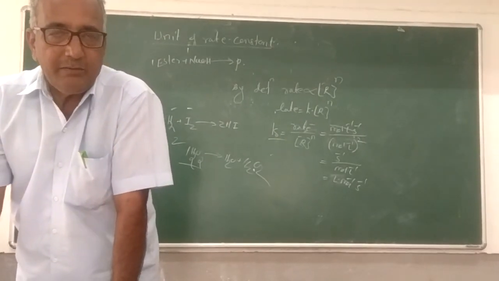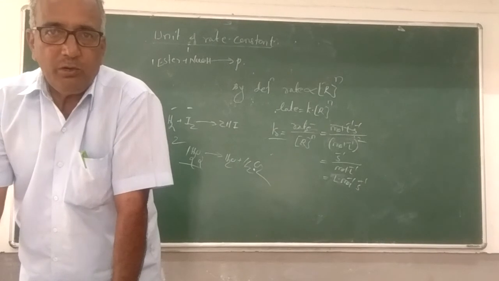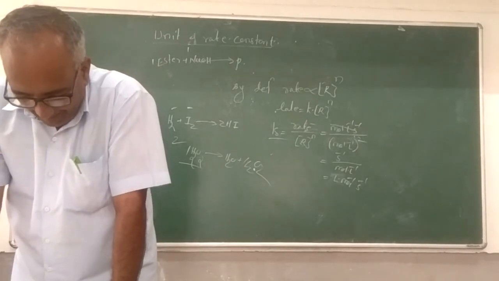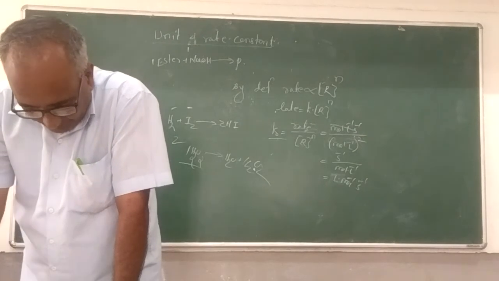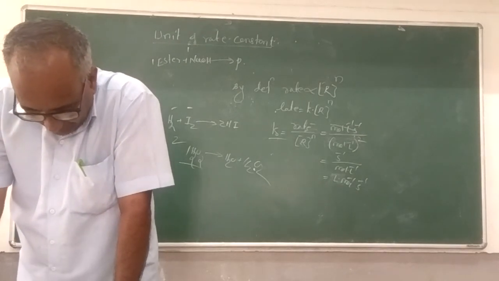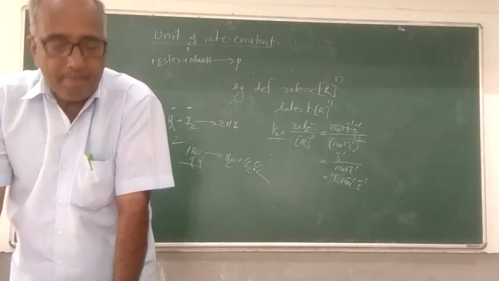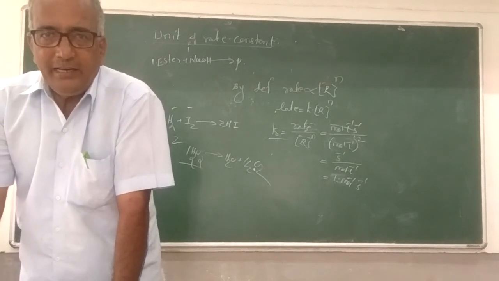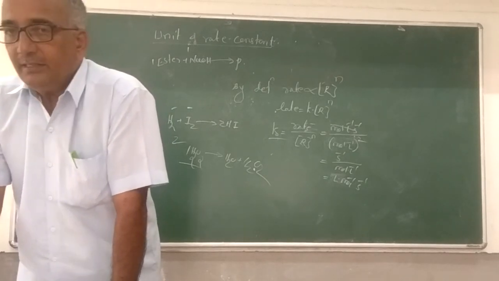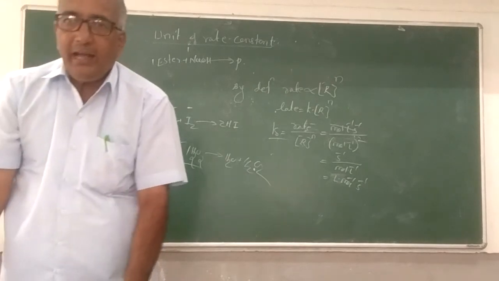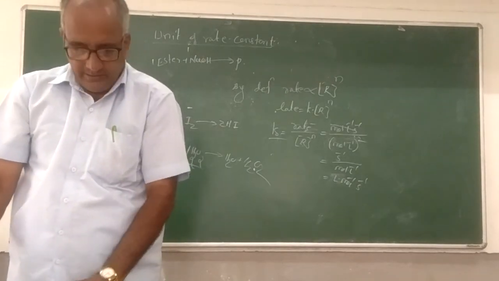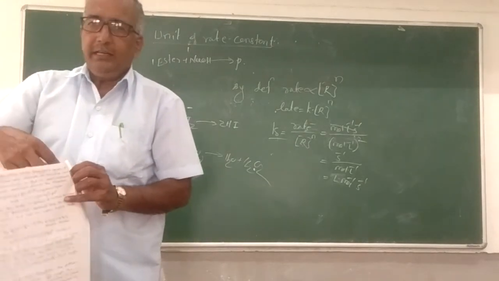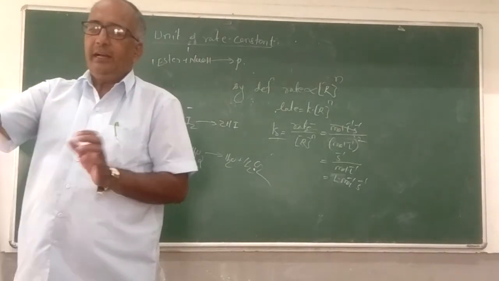The order may be 0, a fraction, or a whole number, but molecularity is not 0 or a fraction. Molecularity can be applied only to an elementary reaction, but the order can be applied to either an elementary or a complex reaction. So this is about the difference between molecularity and order.